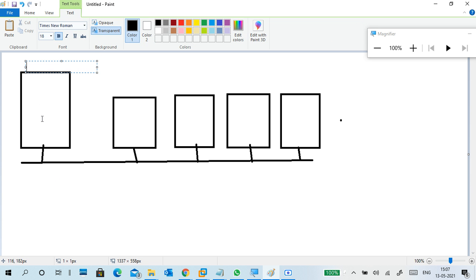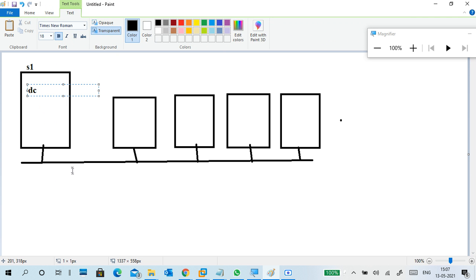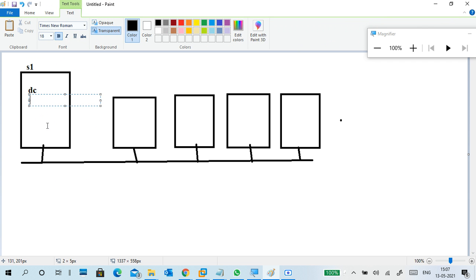Okay, so this is my server. This is a domain controller. This domain controller maintains a database. In this database, it stores user information, computer information, groups, and group related information.